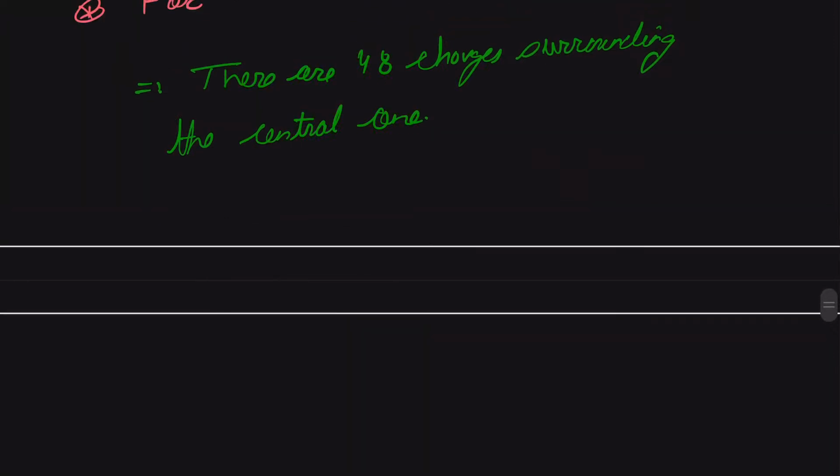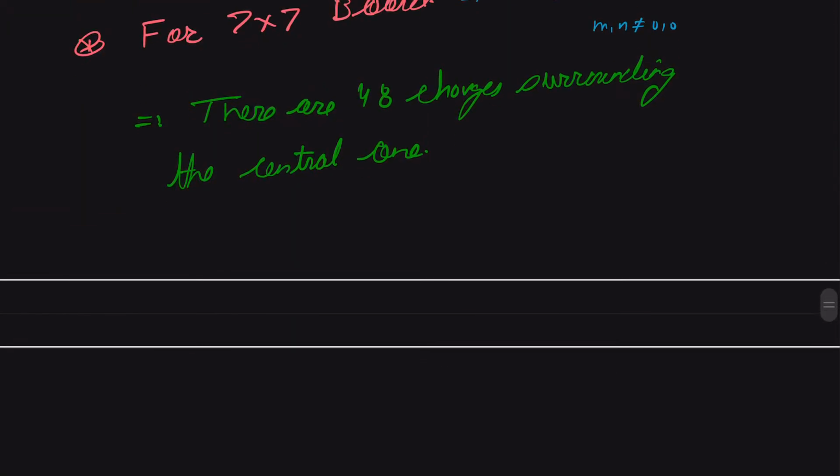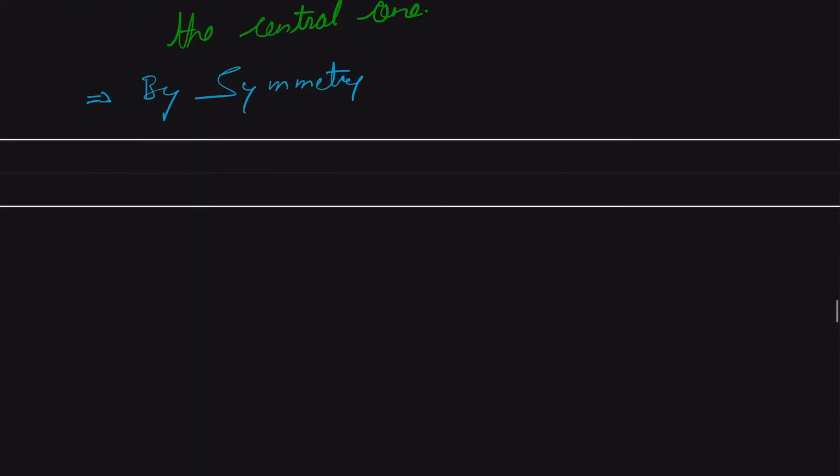Because of this symmetry, we can just group them. So you can say that by symmetry we can group them with respect to our distances, and therefore we can find out their sign.